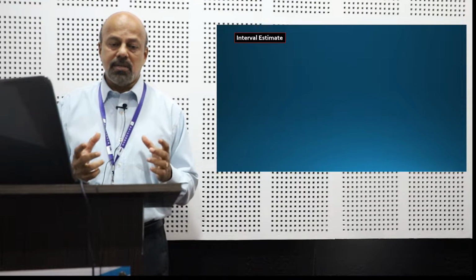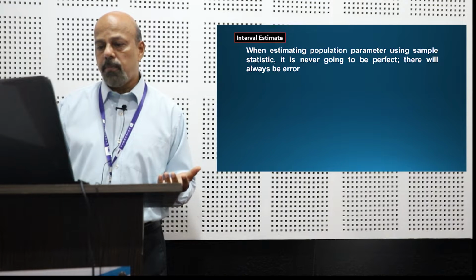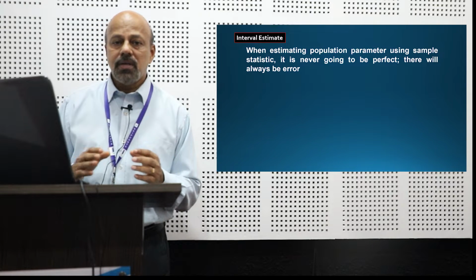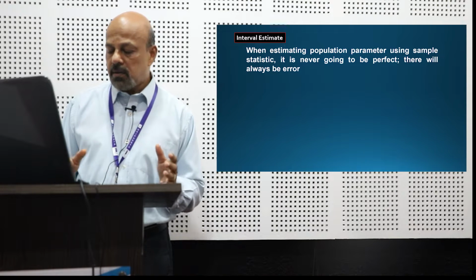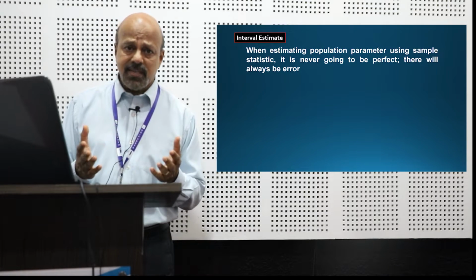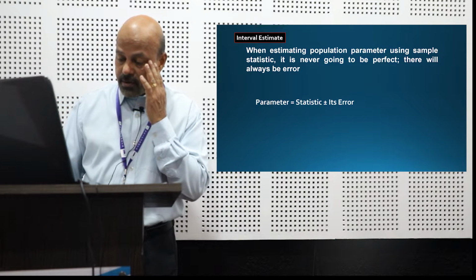There can be an error, a difference. When we estimate a population parameter using a sample statistic, it is never going to be perfect. There will always be an error. We can say that the parameter equals the statistic plus its error.